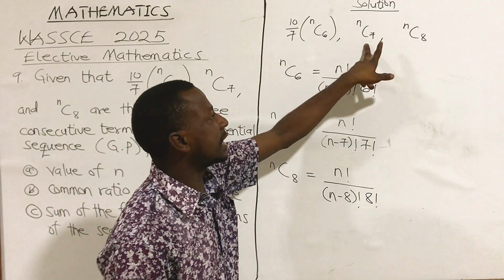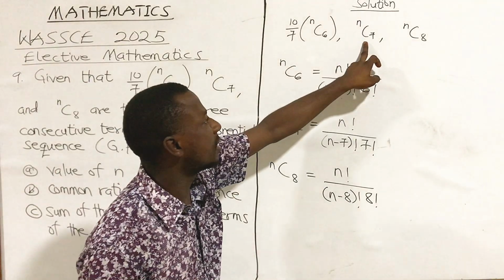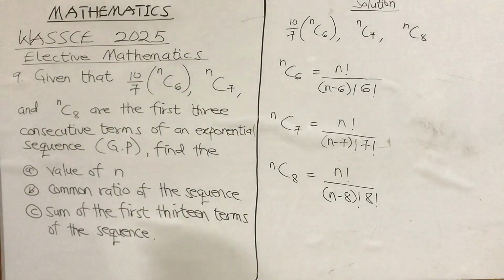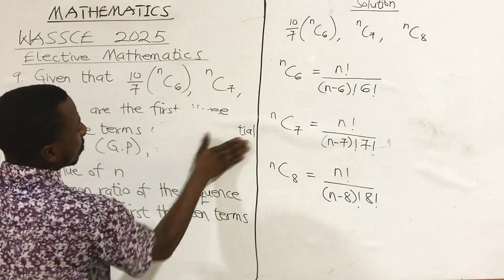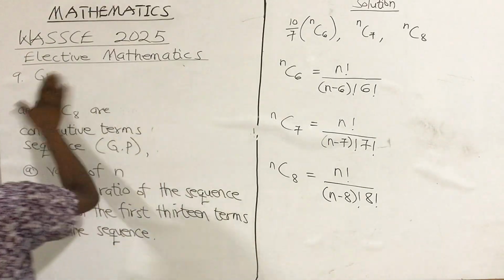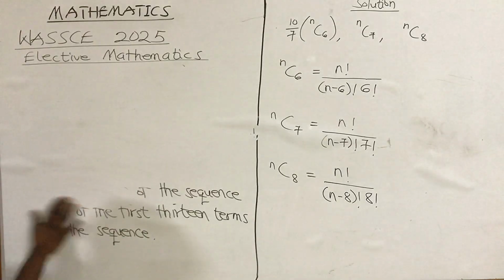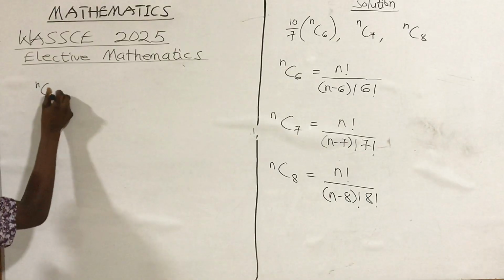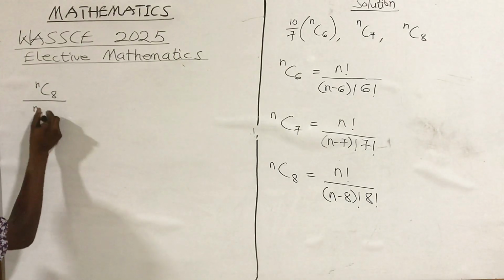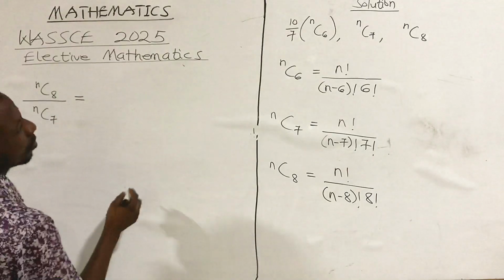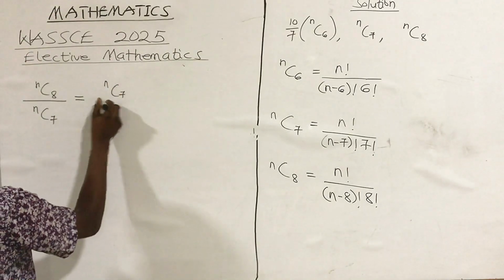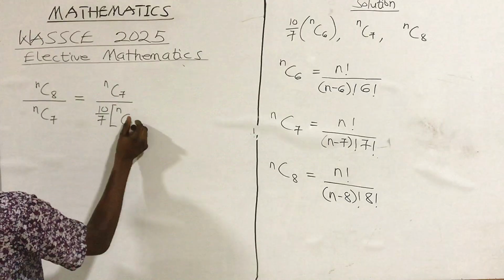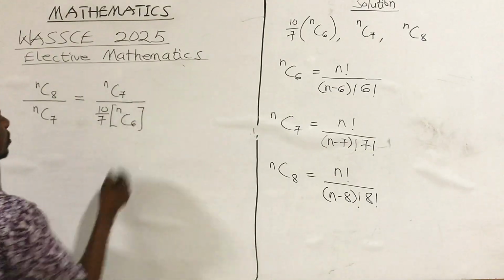this divided by this is the same as this divided by this. So nC8 over nC7 is equal to nC7 over (10/7) multiplying nC6.